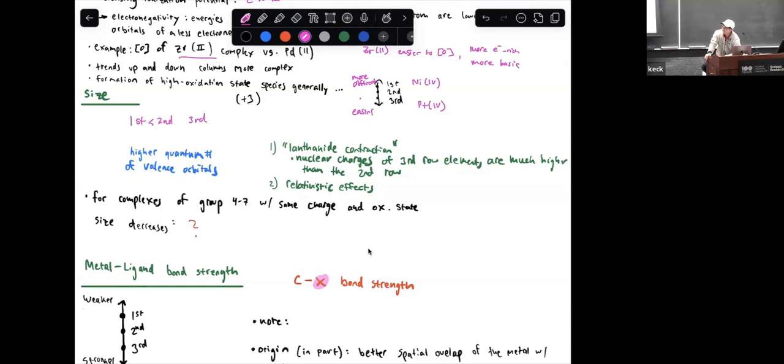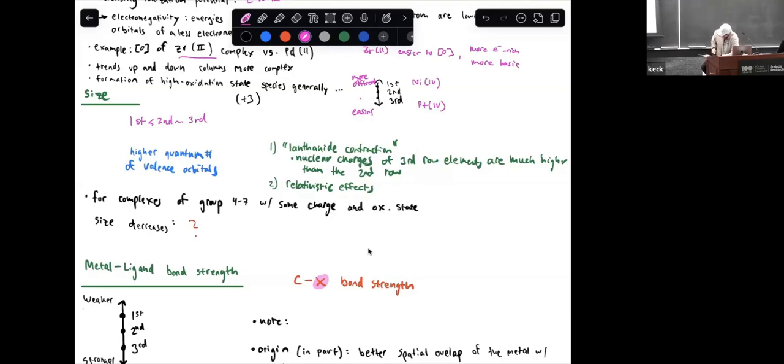Third row? I think your intuition that you've developed in the S and P block is to, as you go down, get bigger. But in fact, the second and third row metals end up being almost the same.